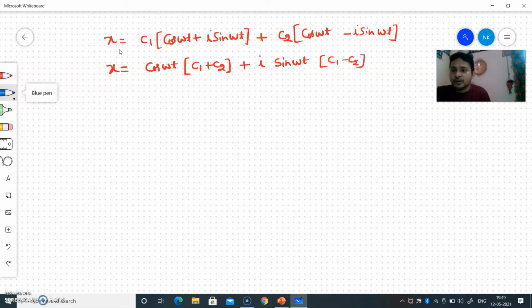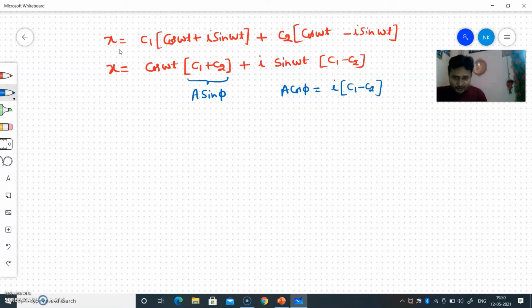Now, to simplify it further, let's assume that c1 plus c2 is some A sin phi, and similarly A cos phi is i times c1 minus c2.